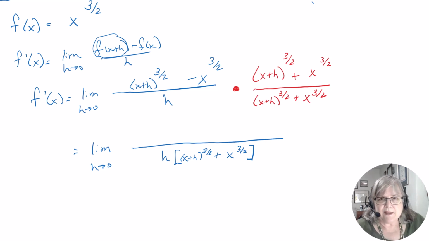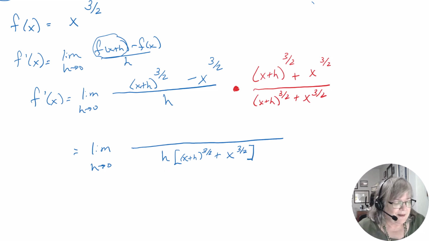It is not to your advantage to multiply this h across, because I actually want the h to be canceled into something on the top so I can make it go away, because this h is giving me 0 on the bottom. So I don't want to entangle it with these two pieces. I want it to go away, so leave it alone so maybe we can get it to cancel.